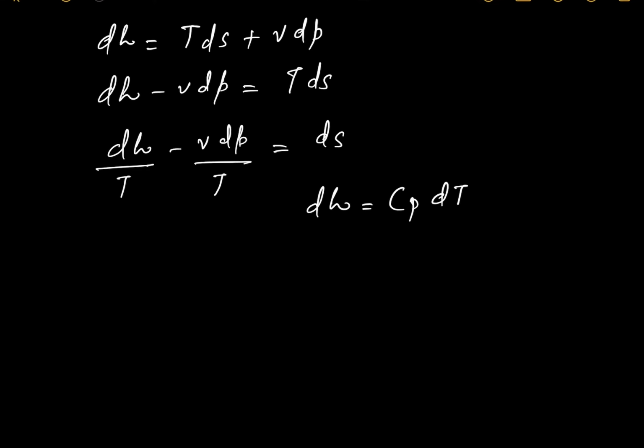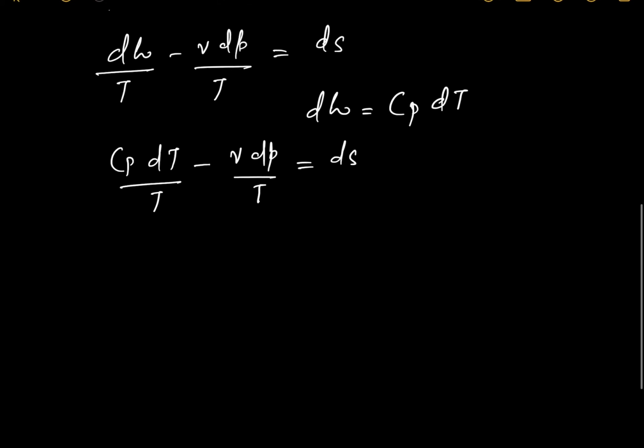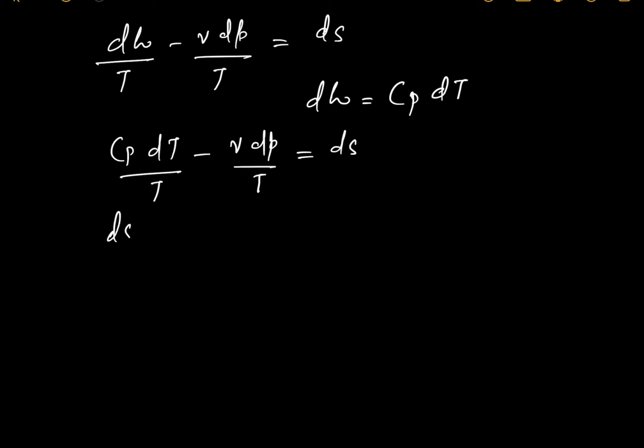So now we can write Cp dT upon T equals VdP upon T, or we can write dS equals Cp dT upon T minus VdP upon T.